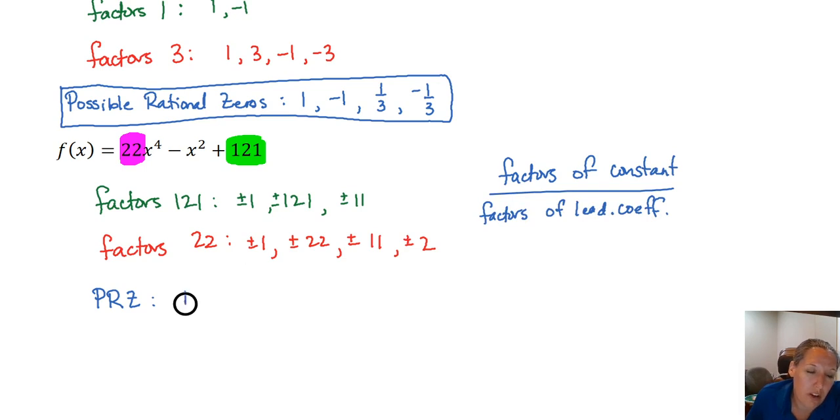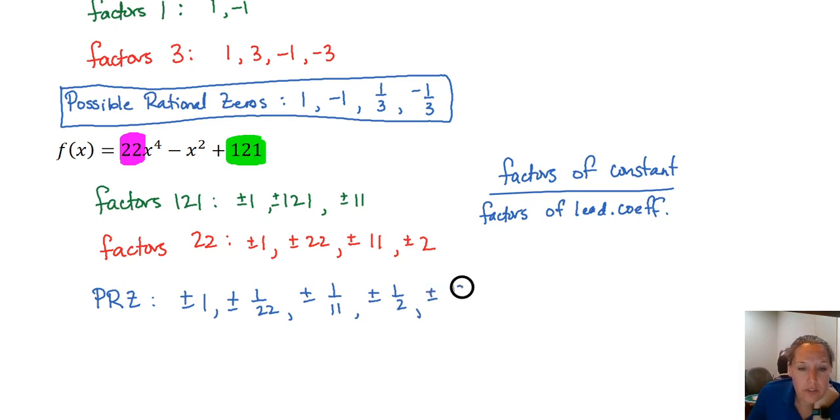We're going to have plus or minus on all of these as well. 1 over 22, 1 over 11, 1 over 2, 121 over 1, which is just 121.